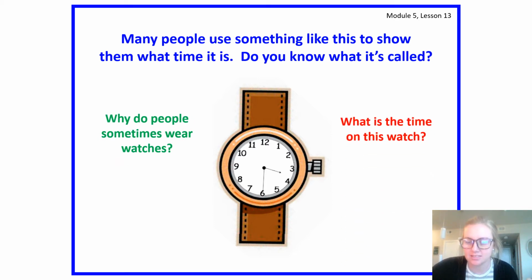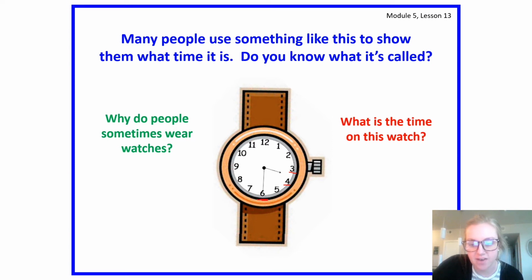What time is on this watch? If you look, the hour hand is in between 3 and 4. Has it gotten to the 4 yet? No, it hasn't gotten to the 4 yet, but the minute hand is pointing down at the 6.